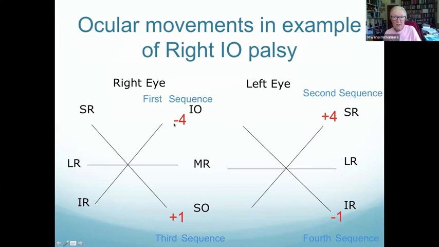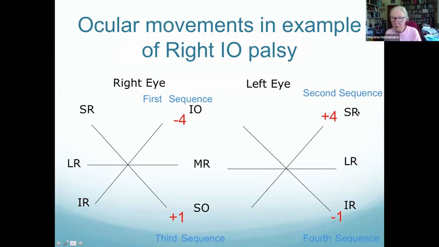So what we would write down on the chart for that lady is that she's got -4 underaction of the inferior oblique of the right eye, and that's our primary defect.